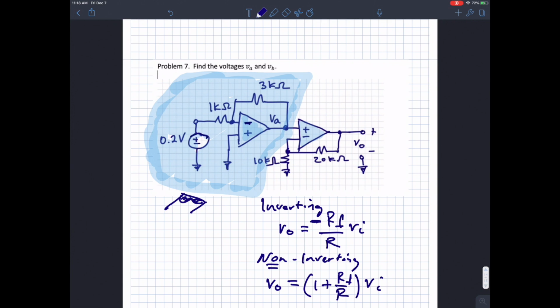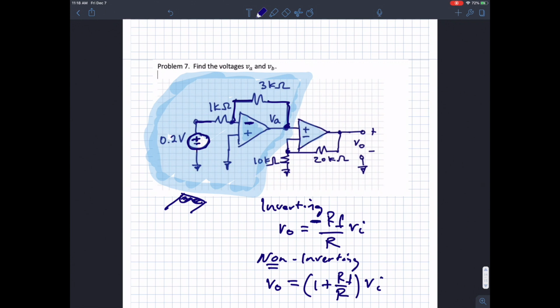When I say input, here's the source. You follow that, it goes to this resistor, and is connected through that resistor to the input, and it's on the minus terminal. The feedback resistor goes back and connects to the minus terminal. So this is an inverting op-amp.